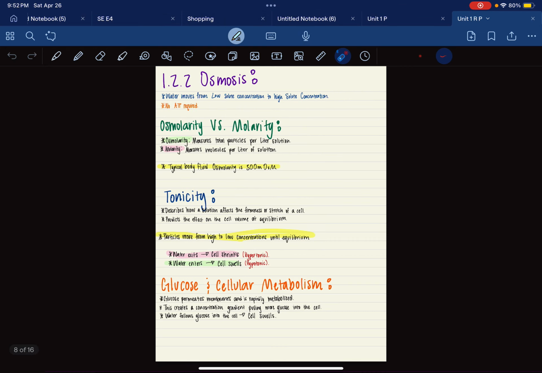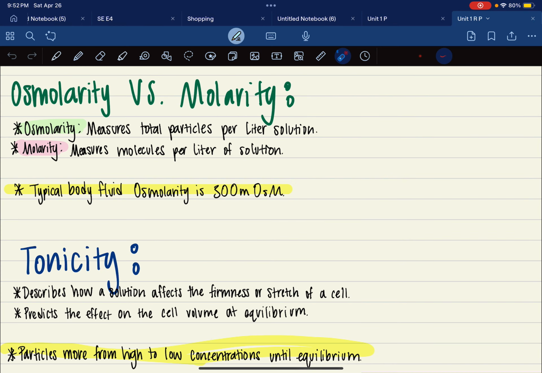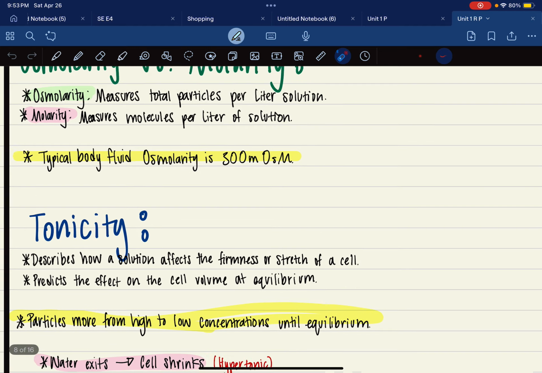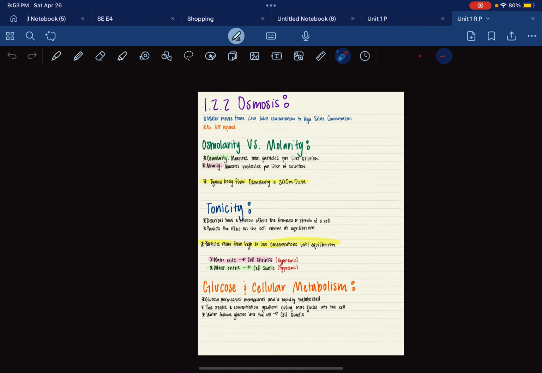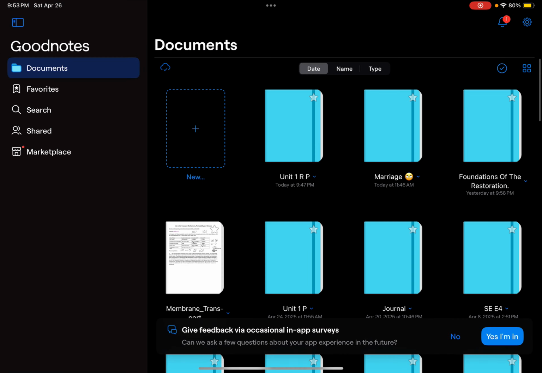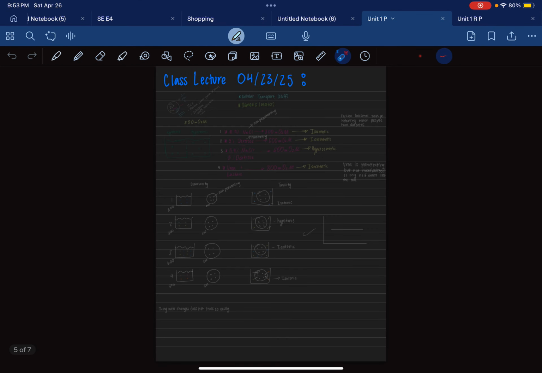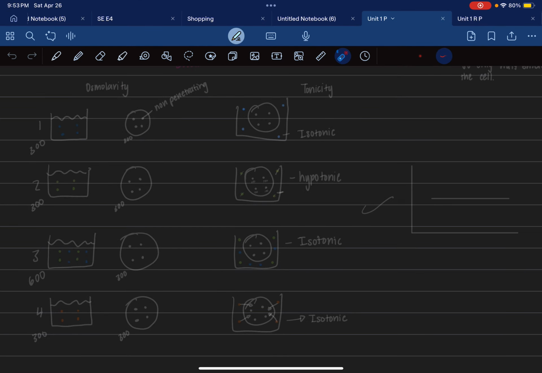Okay, here we go. Osmolarity measures total particles per liter of solution, and tonicity describes how a solution affects the firmness of a cell.